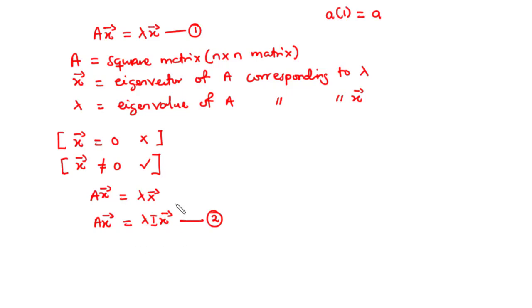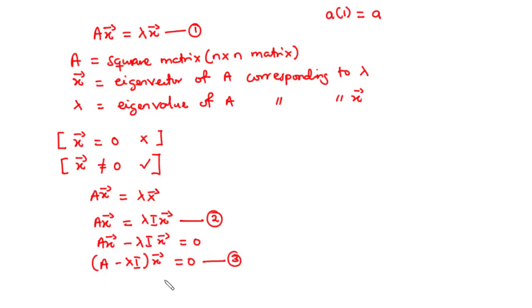Now let's transpose whatever we have on the right hand side onto the left hand side, so that we have Ax minus lambda Ix equals 0, and then we factor out x since it's common to both terms. So we have A minus lambda I in the bracket times x equals 0. Let's call this equation 3.